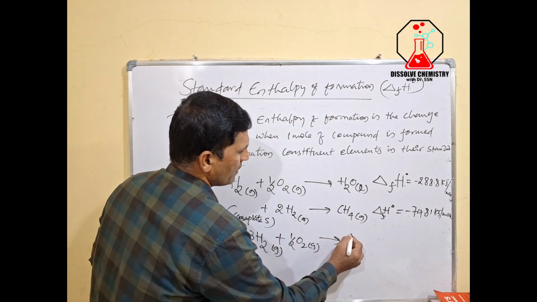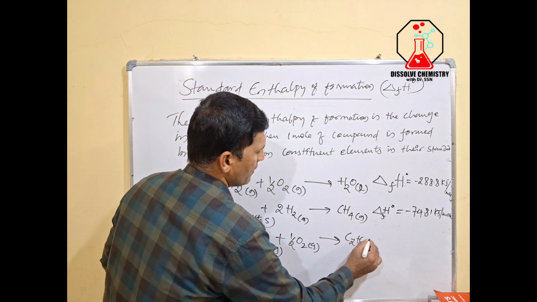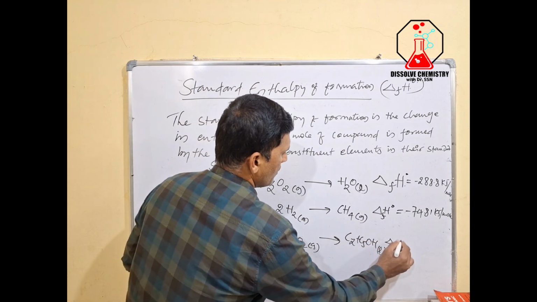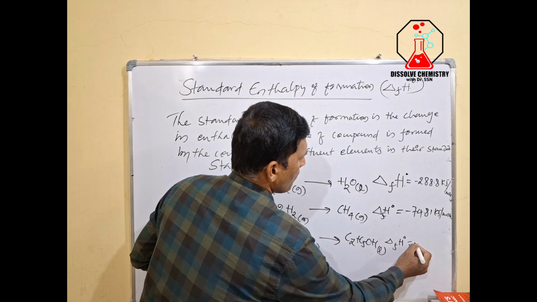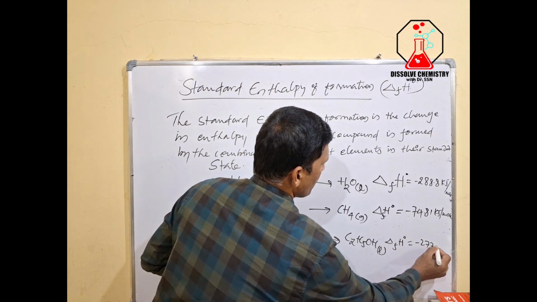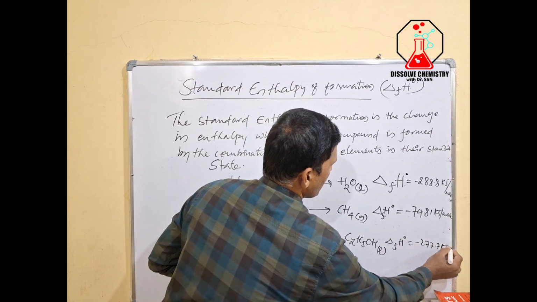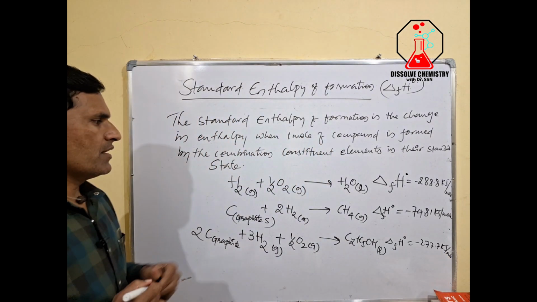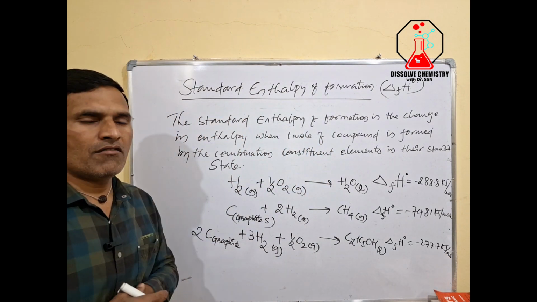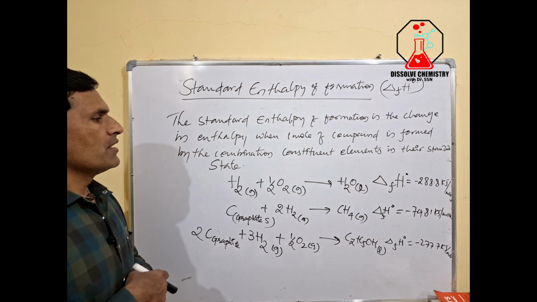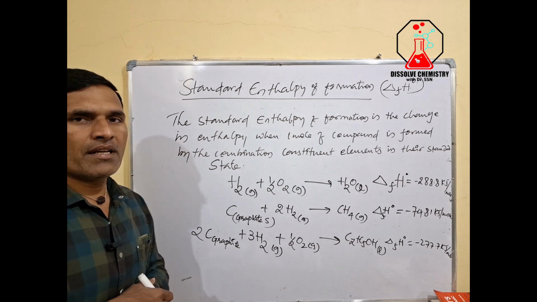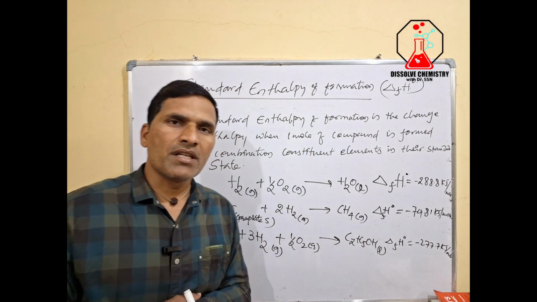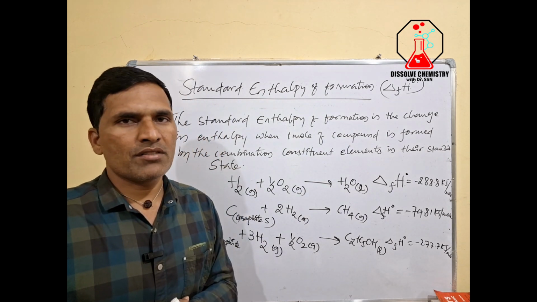Then it will give C2H5OH liquid. So enthalpy of formation of ethanol is minus 277.7 kilojoules per mole. This is how we can define enthalpy of formation of different compounds from their elements. It is purely a combination of elements to give the compound, and we call it enthalpy of formation.